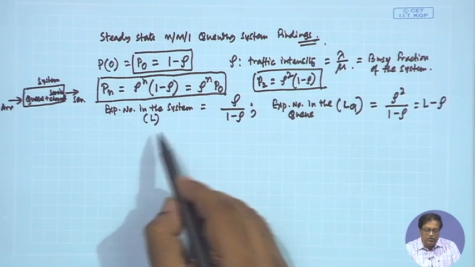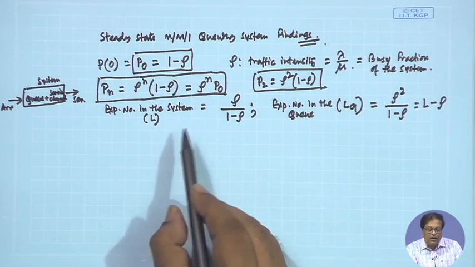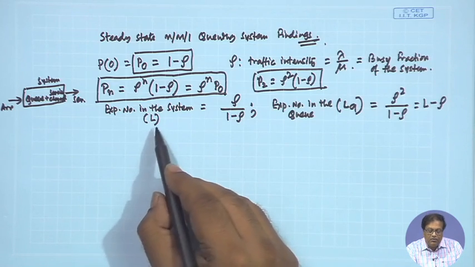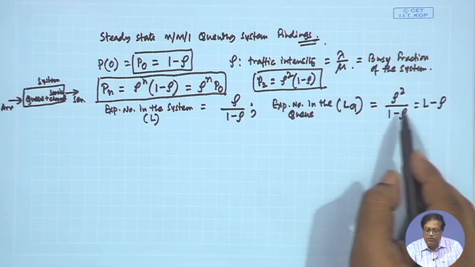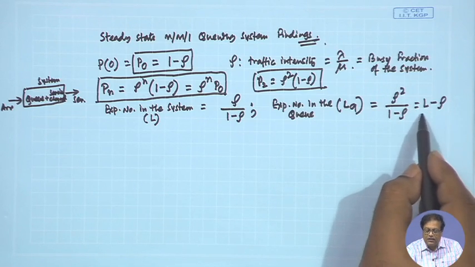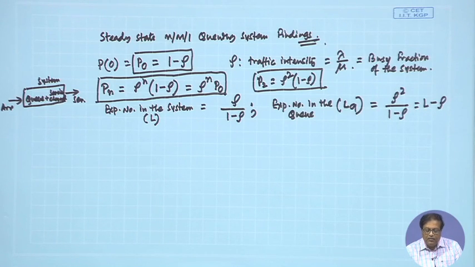If you have to remember just one formula other than that, either you remember L equal to rho by 1 minus rho, or you remember LQ equal to rho square by 1 minus rho, which is nothing but L minus rho, because expected number of people in the service is rho. Why rho? Because the busy period is rho, right.